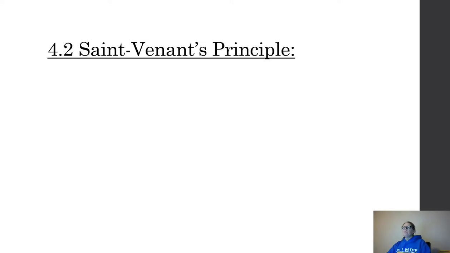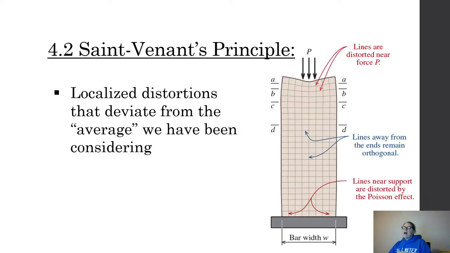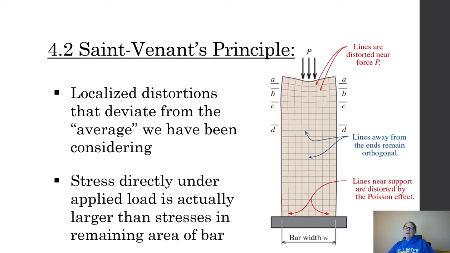Okay, that's pretty cool. So we've been talking about this average normal stress of P over A, and we just assume that every tiny molecule all along that cross section is experiencing the same stress. But we know that that's really not true. We really know that where we have an applied load or where we are fixed, we're actually going to have some distortions.